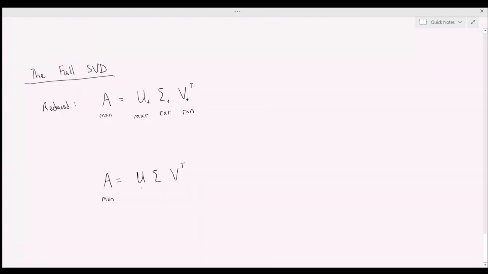But this time the matrices U and V are going to be square matrices, M by M and N by N. And then the matrix sigma in the middle is going to be M by N, the same size as the original A. Okay.